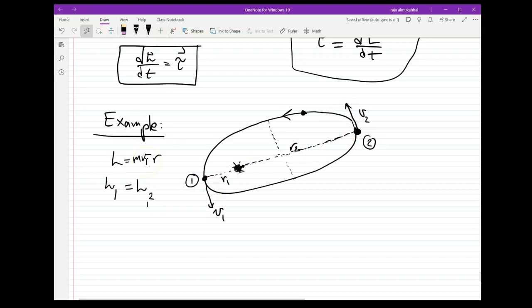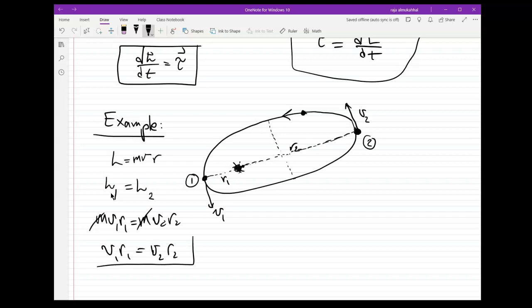Make sense? So the essence of L1 equals L2 is that mV1R1 equals mV2R2. Take the m's out, so I end up with V1R1 equals V2R2. The only way that this will hold is that when R1 is small, V1 becomes big.